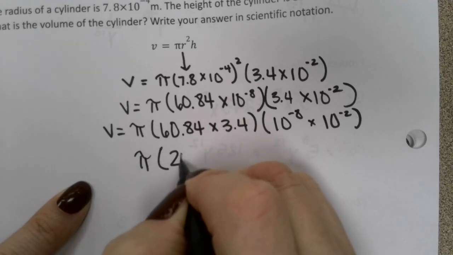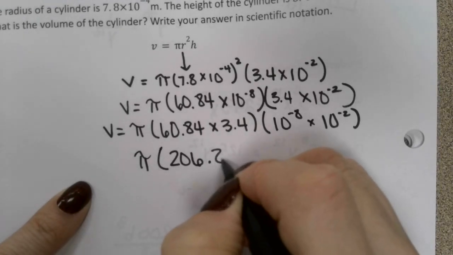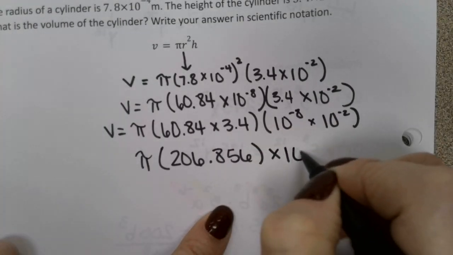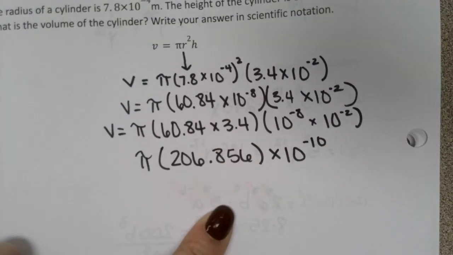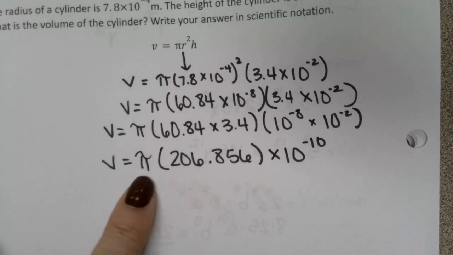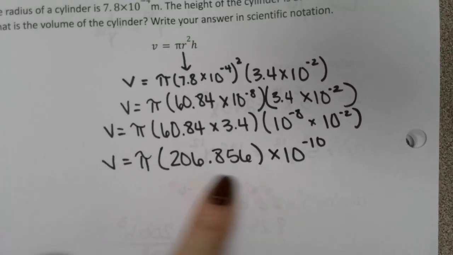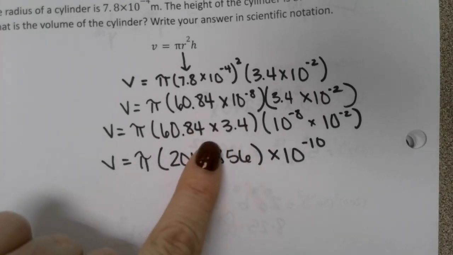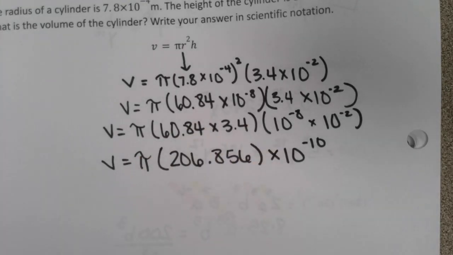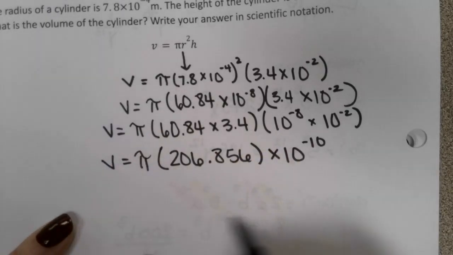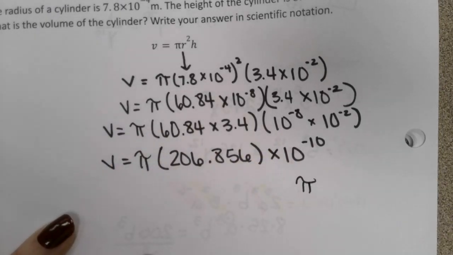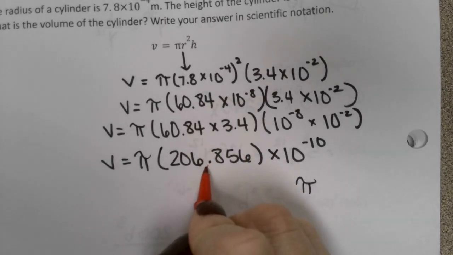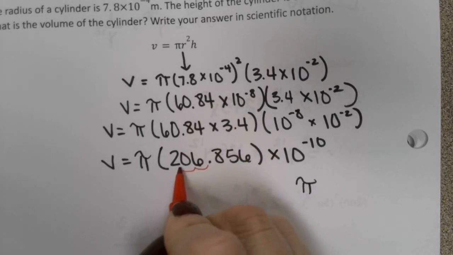I'll keep that in parentheses for a hot minute. And then times 10 to the negative 10th. Now, like I said, I'm going to keep pi hanging out with this problem like a variable. So I'm going to move it because I need this number to act like a coefficient, for the scientific notation too. So pi is going to move its way down here to the end. I also need to slide this decimal 2 places to the left.